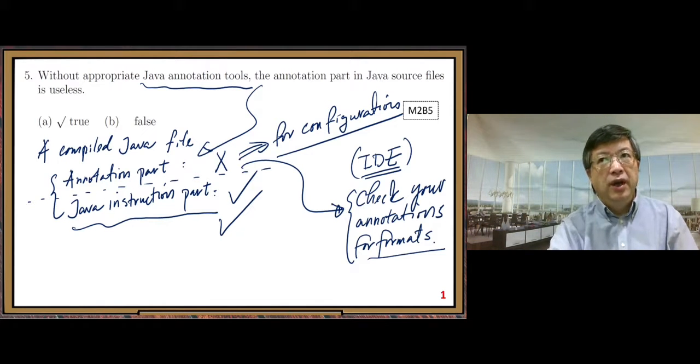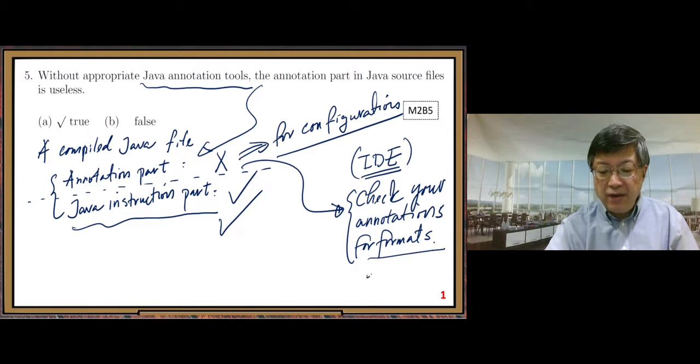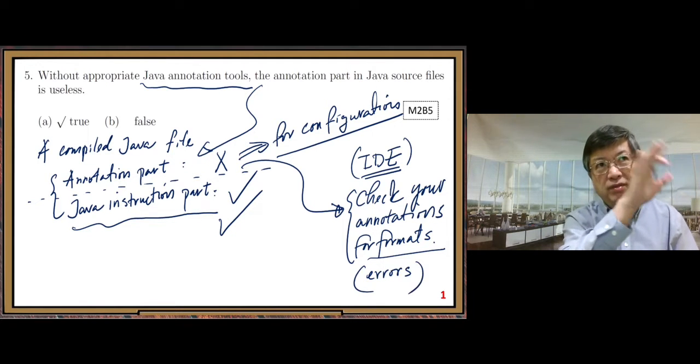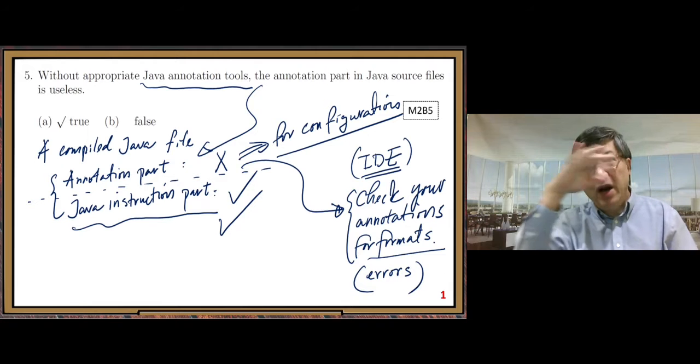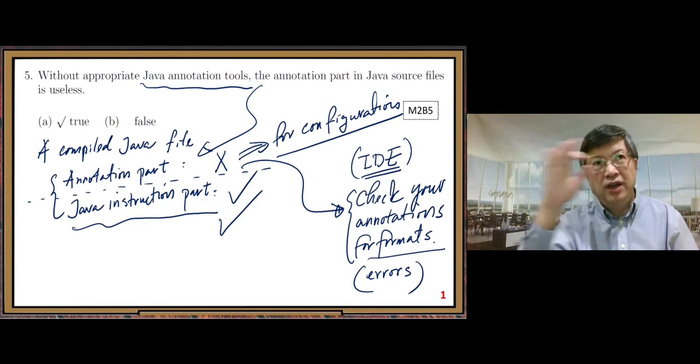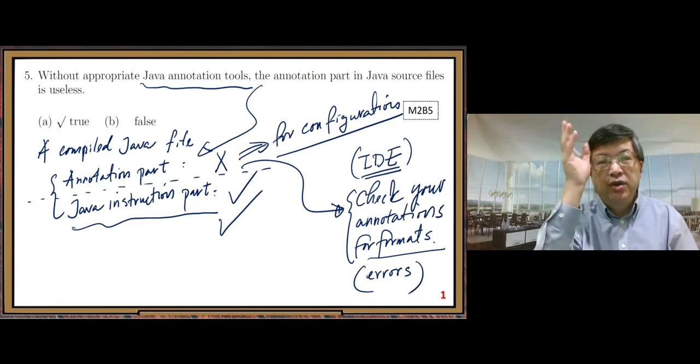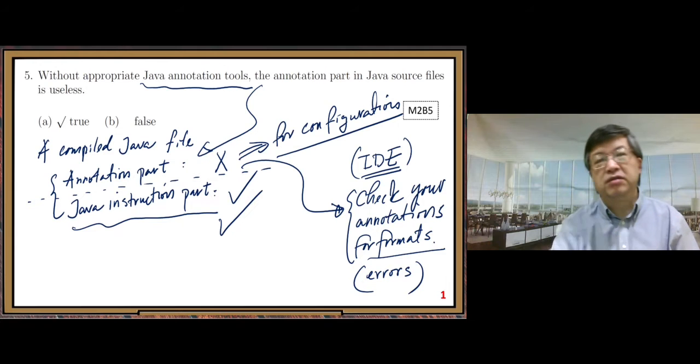Okay? If you do not use your annotations as the format described, then errors. Compiler will complain, put some error things, so red lines, cross sign, telling you should fix this annotation.